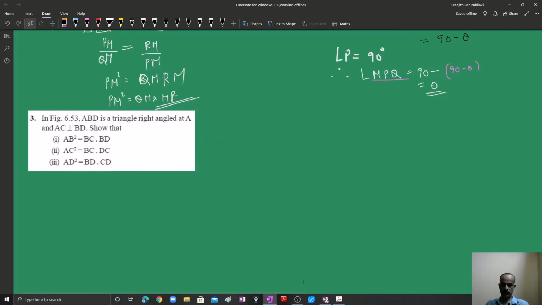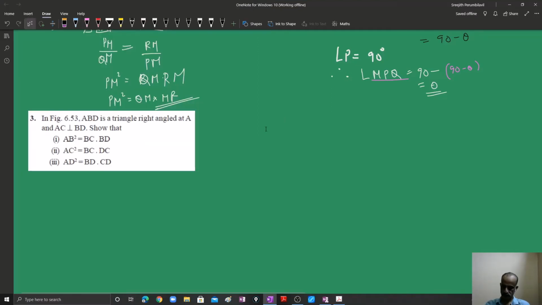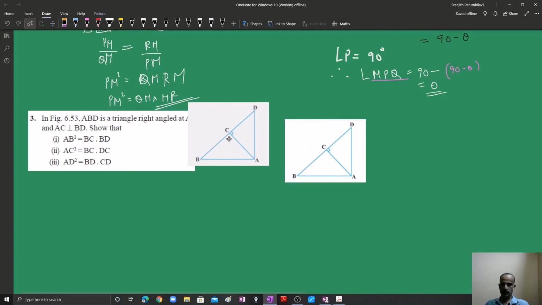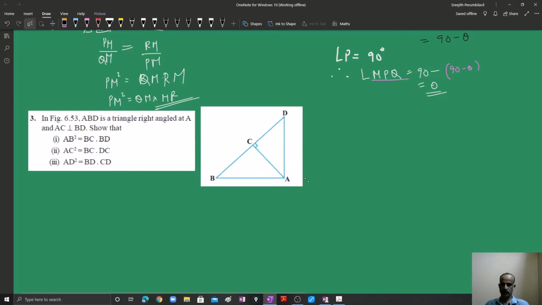We will take the figure also. This is figure 6.53. Question number 3, in the figure.